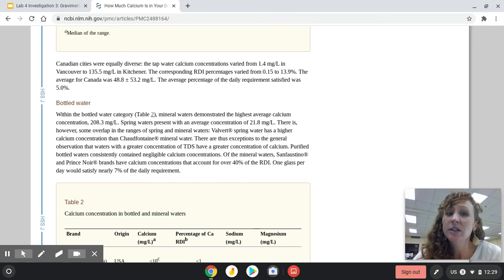So you either need a justification for how much sodium carbonate you're going to add based off of these levels. And again, the highest amount of calcium that this paper found in any tap water or bottled water or spring water was 208.3 milligrams per liter. So start with that. That's calcium, milligrams of calcium per liter.